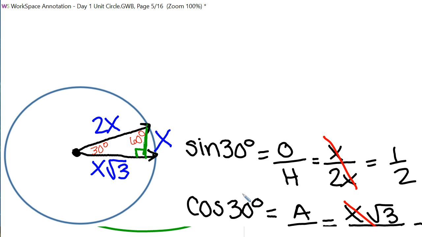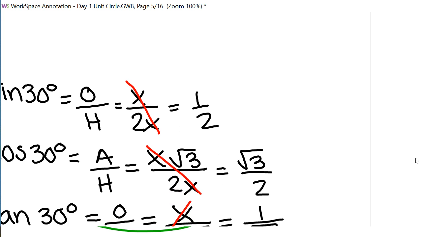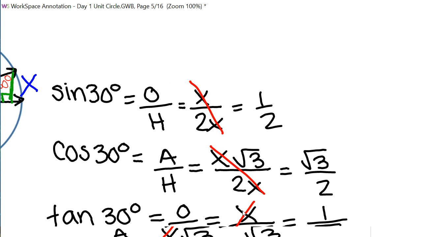Those X's cancel. So that's just 1 over the square root of 3. Can I leave my answer with a radical in the denominator? No, I have to rationalize that. So make sure you multiply both the numerator and the denominator by the square root of 3. And that would be square root of 3 over 3.